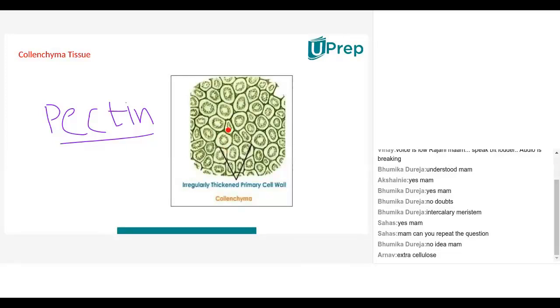Some cells will have more pectin and some cells will have less pectin. If the fruit has less pectin at the cell walls, it gets easily solubilized and the fruit gets easily softened. But in the case of guava, you have more irregular thickening of pectin at the cell walls of collenchyma.